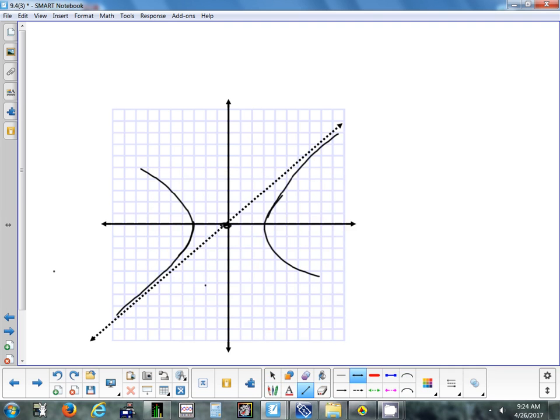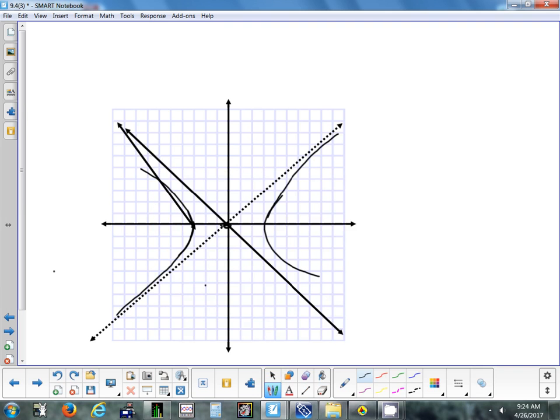And there's also an asymptote in the other direction. So this branch just gets closer and closer to that, and this branch gets closer and closer to that. So if we can figure out where those asymptotes go, it gives you an area inside an X to draw your branches.